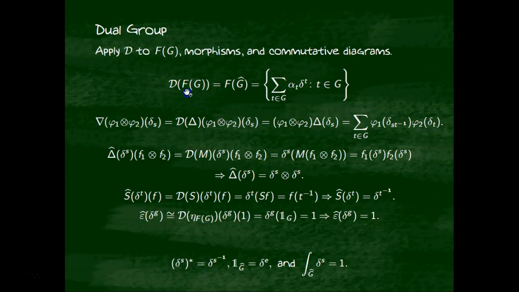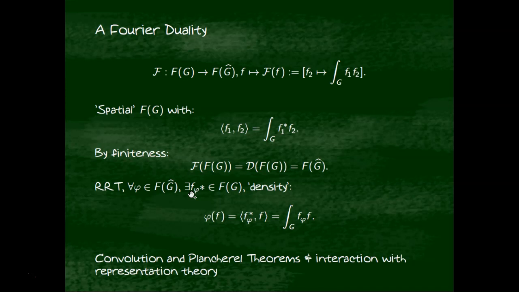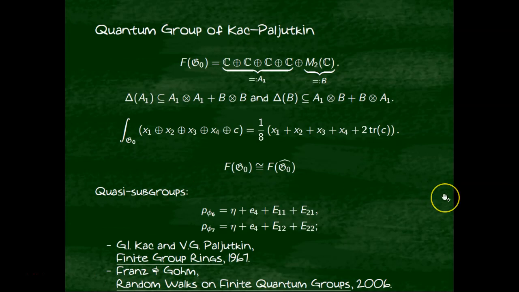You can take a finite quantum group and talk about its dual. That survives. The multiplication can be given as the dual of the co-multiplication, and the co-multiplication as the dual of the multiplication. That survives. We get lots of things surviving. The Fourier duality survives. So let's look at one of these. I won't look at it in detail, particularly the co-multiplication, because it's a bit messy.